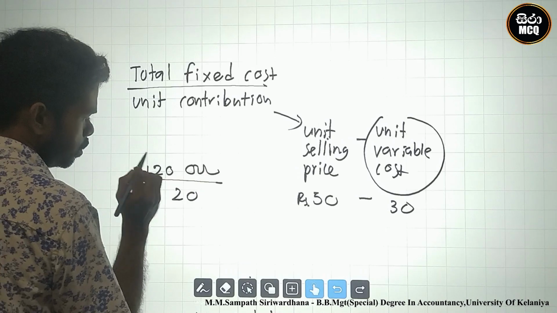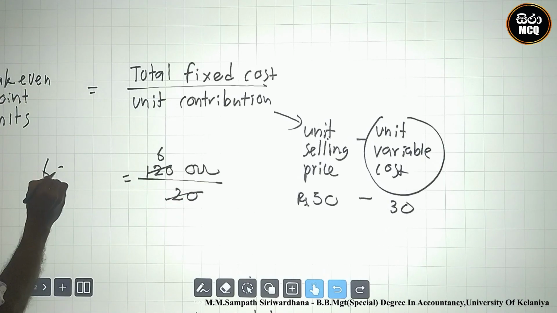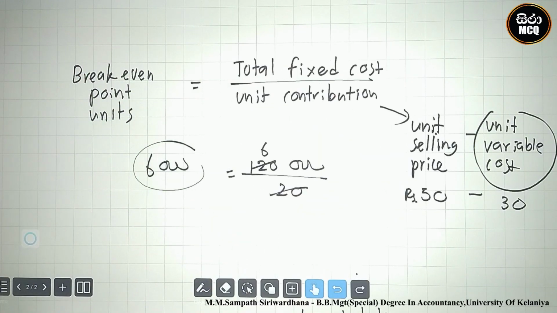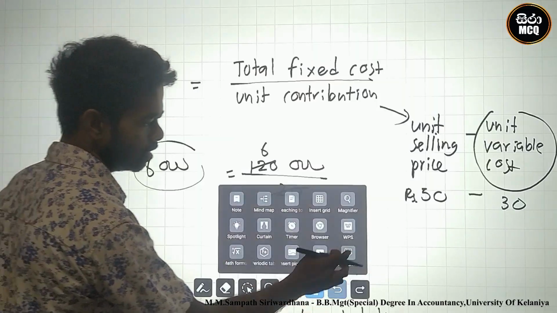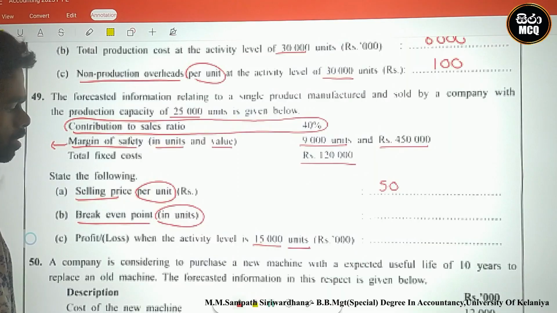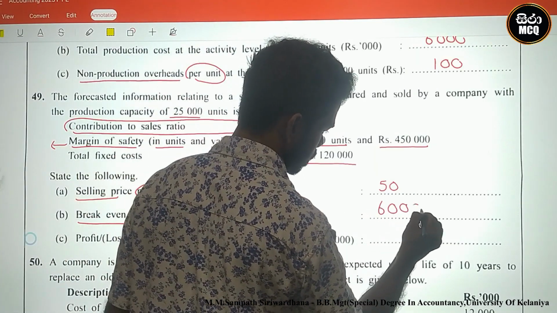Total fixed cost 120,000 divided by 20 is 6,000. So the break even point is 6,000 units.